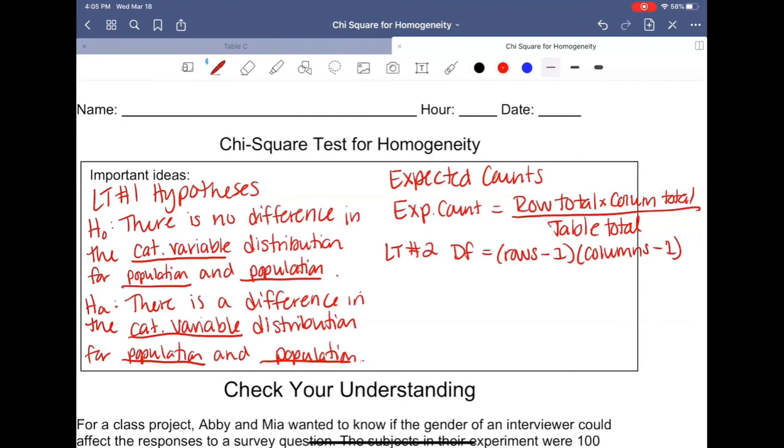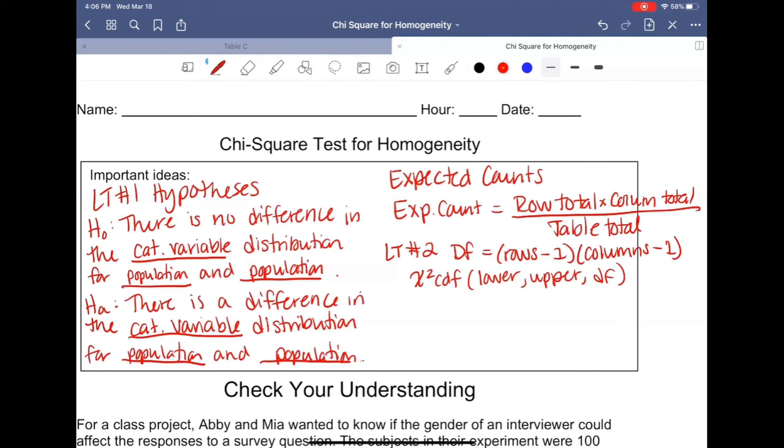From there, we would find our chi-square test statistic and turn it into a p-value. We already have that formula for chi-square, so I'm not going to do that again. I am going to note on here, though, about chi-CDF, that you would do the lower, upper, and then your degrees of freedom. Everything else there is the same as previous lessons, so I'm not going to go through all that again.